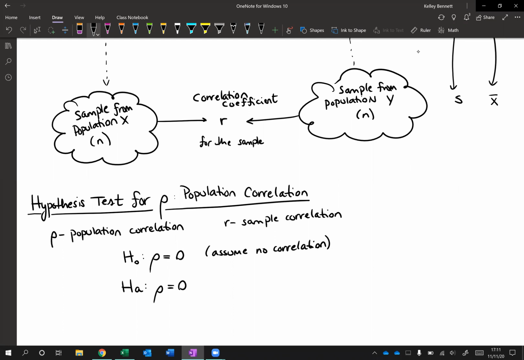That is, rho is not equal to 0. This is saying that there is some correlation among population X and population Y. And also notice that this tells us we have a two-tailed test.